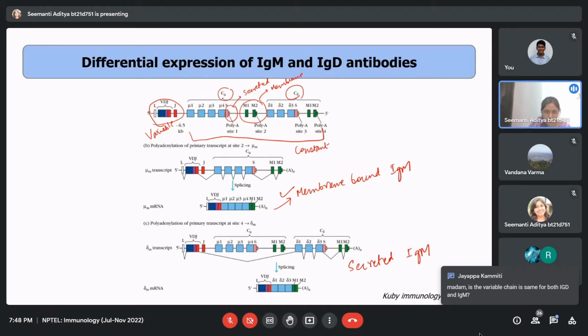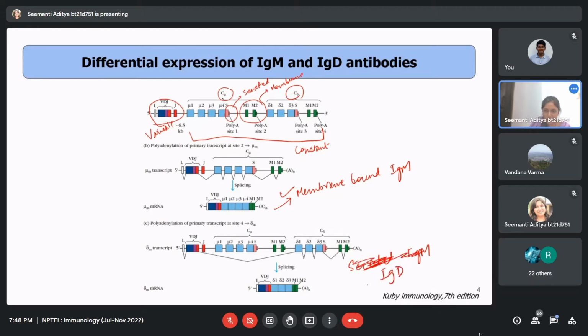This one is not secreted; this is the IgD type of antibody. I will discuss the membrane bound and the secreted form. So S stands for secreted form and M stands for membrane bound form.